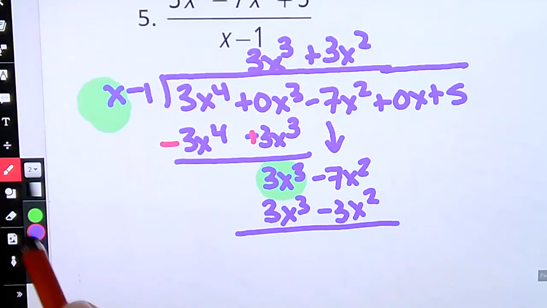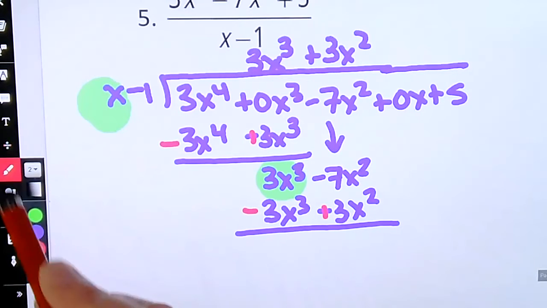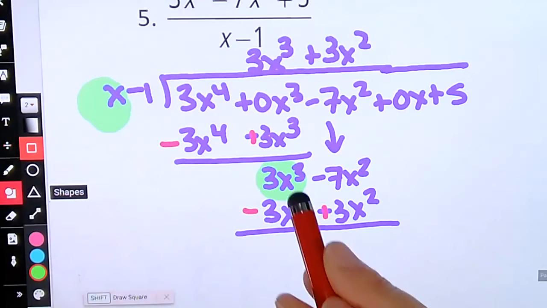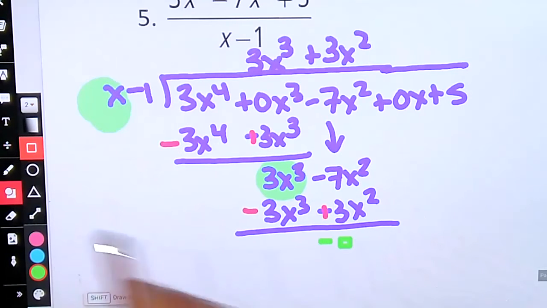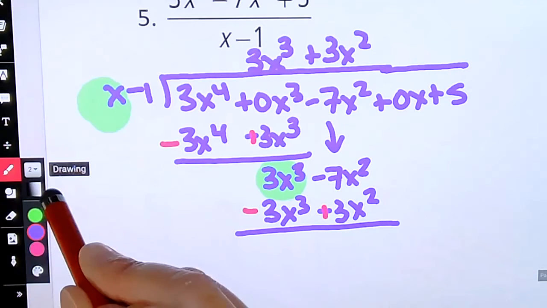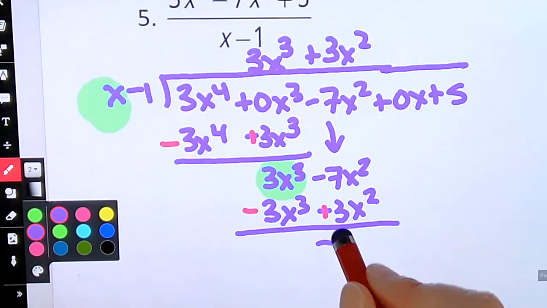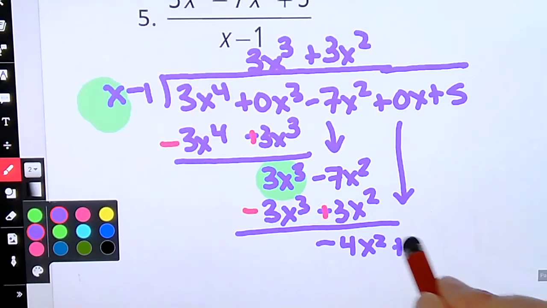I am going to subtract, so that's going to be a negative. This is going to be a positive. And I'm going to end up having this cancel out. This is going to give me a negative 4x squared. Bring down my x, so plus 0x.